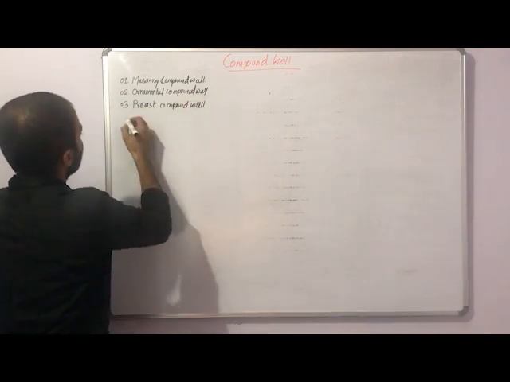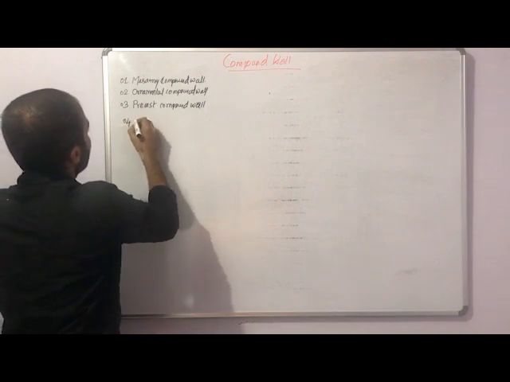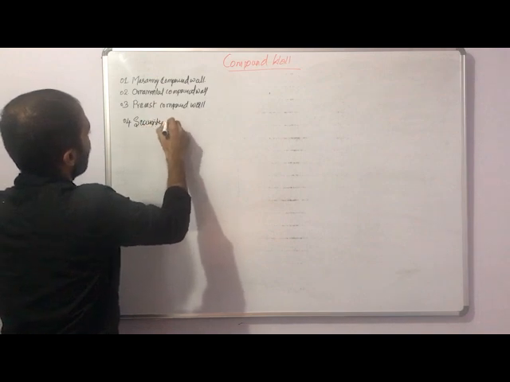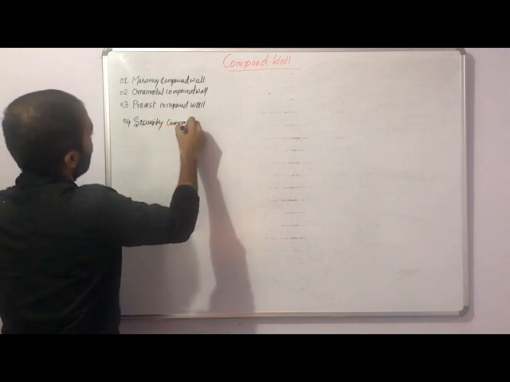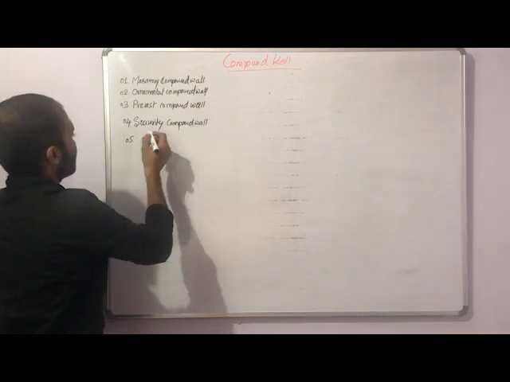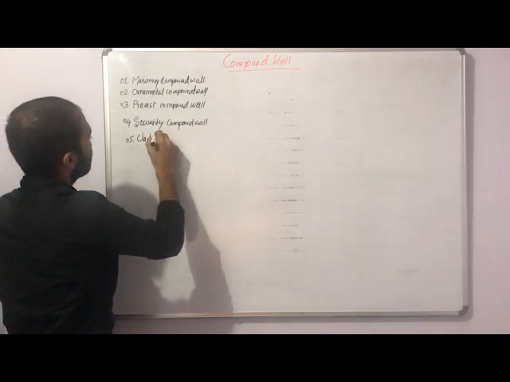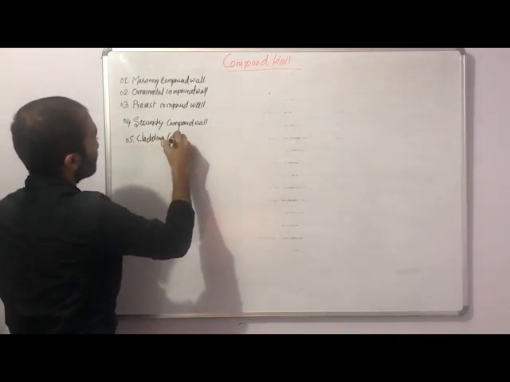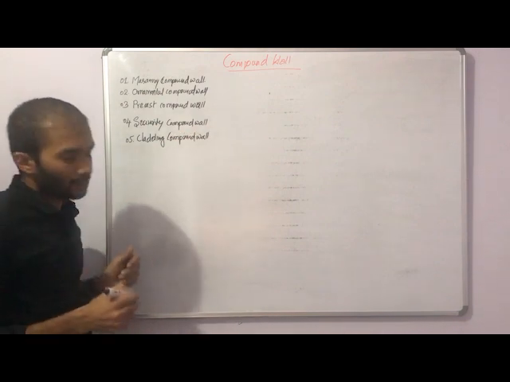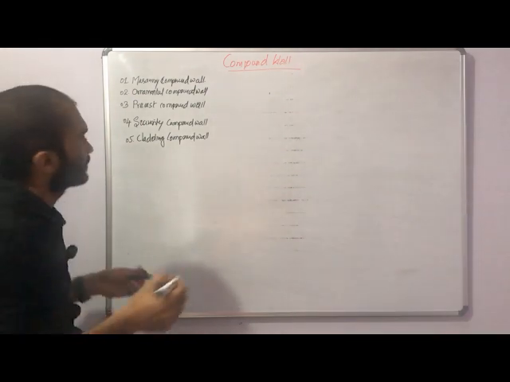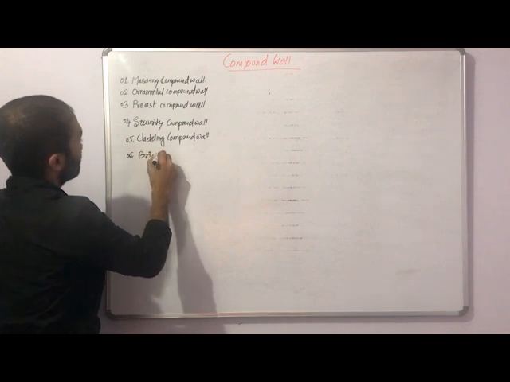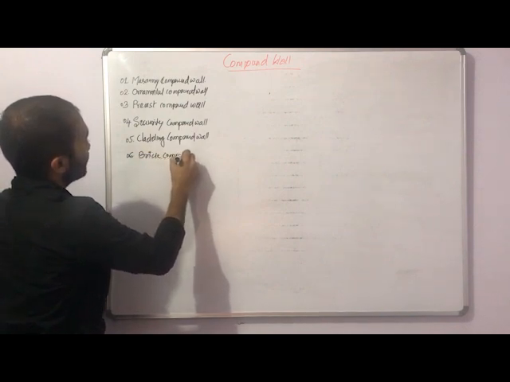The fourth one is the security compound wall. Next is the cladding compound wall. And the last is the brick compound wall.